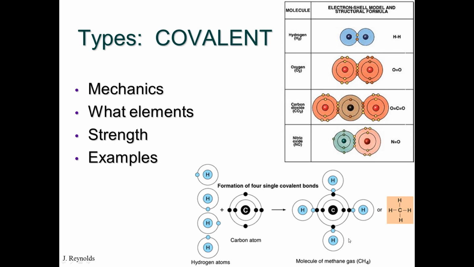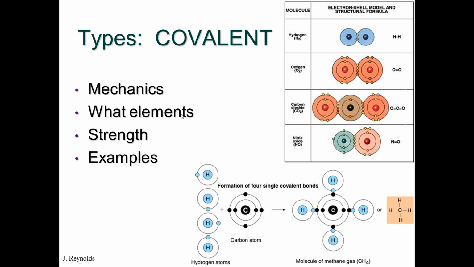Here's what the carbon-hydrogen combination looks like on the right. This is methane, a molecule of methane gas, CH4. You see a stick representation on the far right. Up here on this other molecule, you see 2 hydrogens covalently bonded. You see oxygen covalently bonded, and so on.